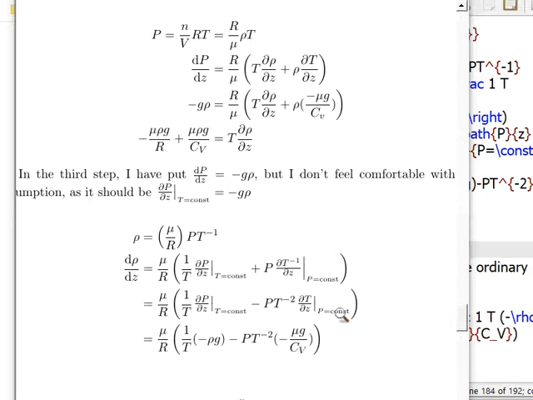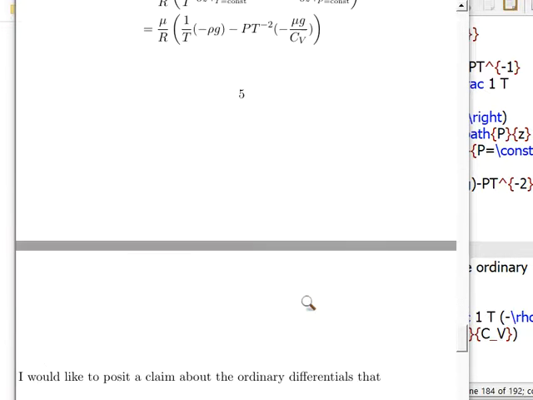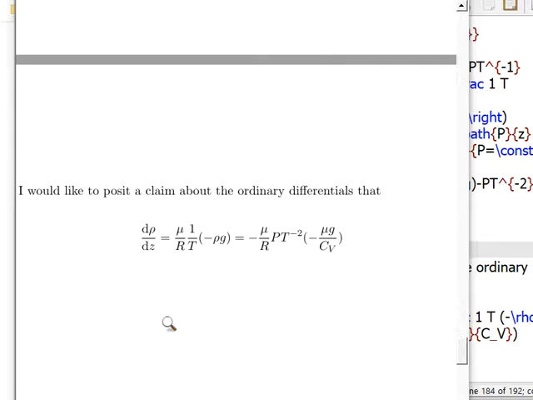Or are these two things actually the same phenomenon, how the pressure varies with height and the temperature varies with height? In which case, instead of this being a minus sign in here, I would like to posit a claim about the ordinary differentials that instead of that minus sign, we put an equal sign in there.